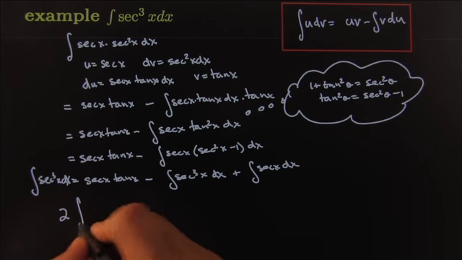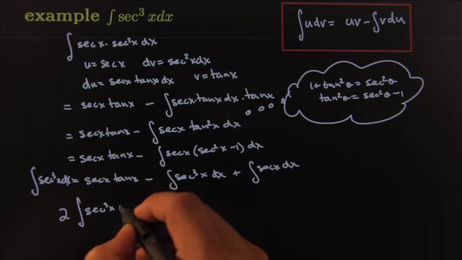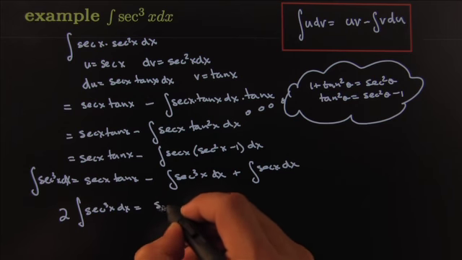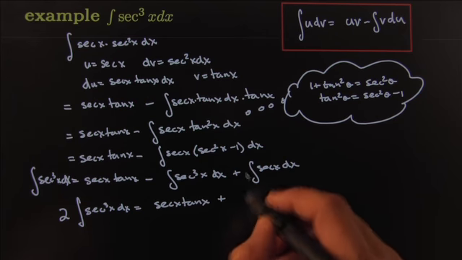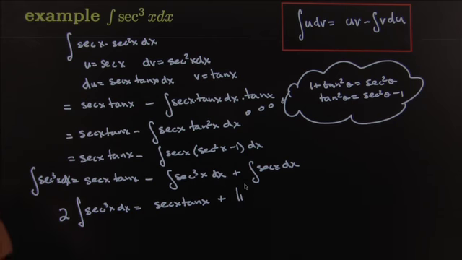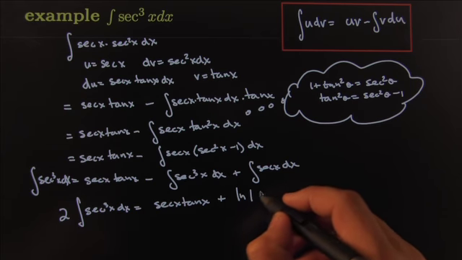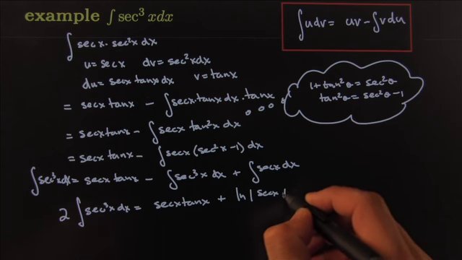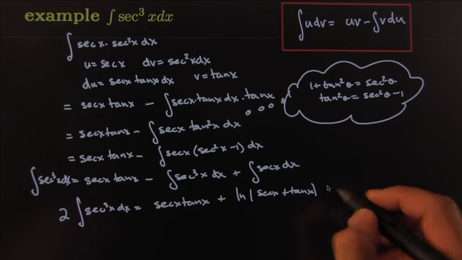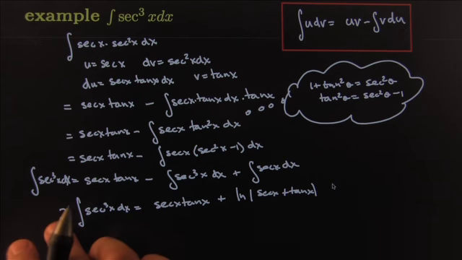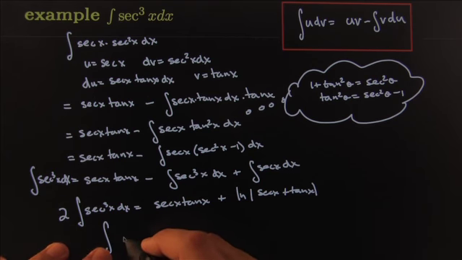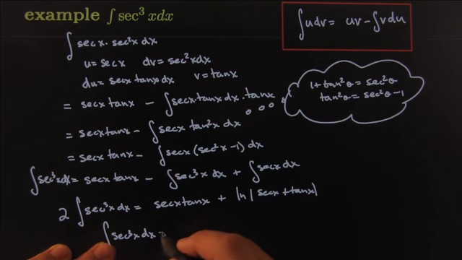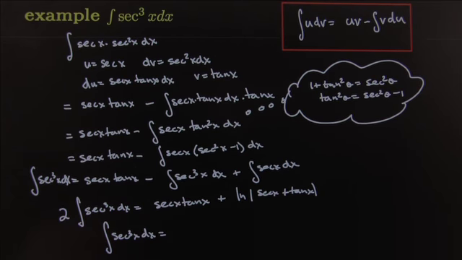That would make 2 of these, 2 secant cubed x dx, be worth a secant x tangent of x, that's that piece, plus, of course we've done this one before, ln of secant x plus tangent of x, and then slap a 1/2 on each side, and so you have that the integral of secant to the third x dx is equal to, what is it equal to?